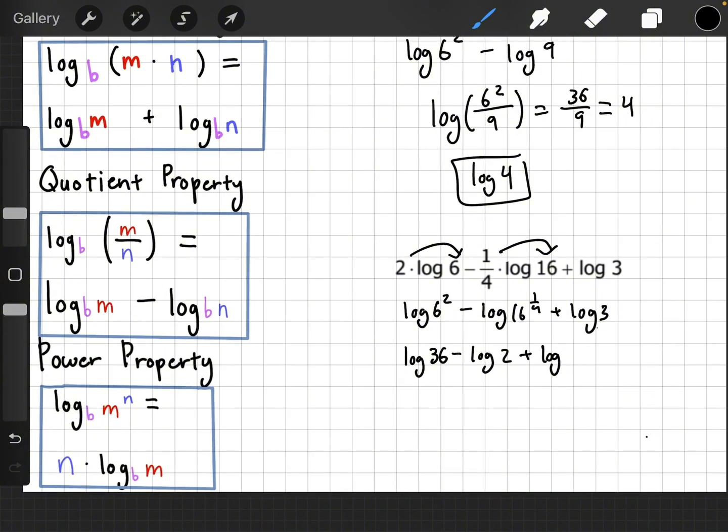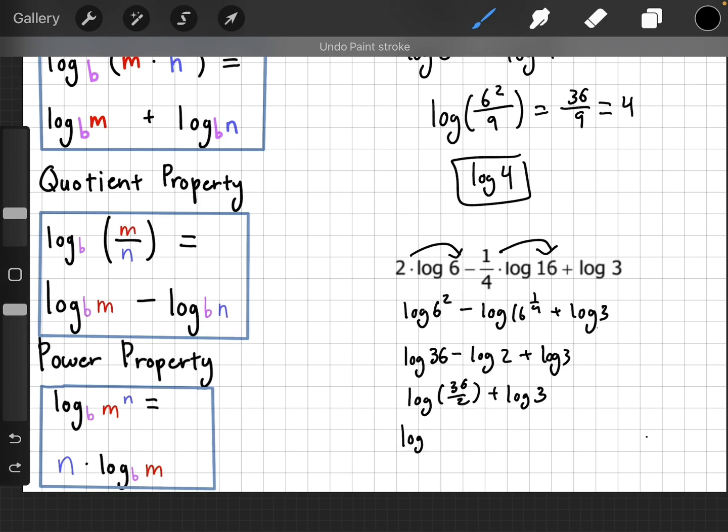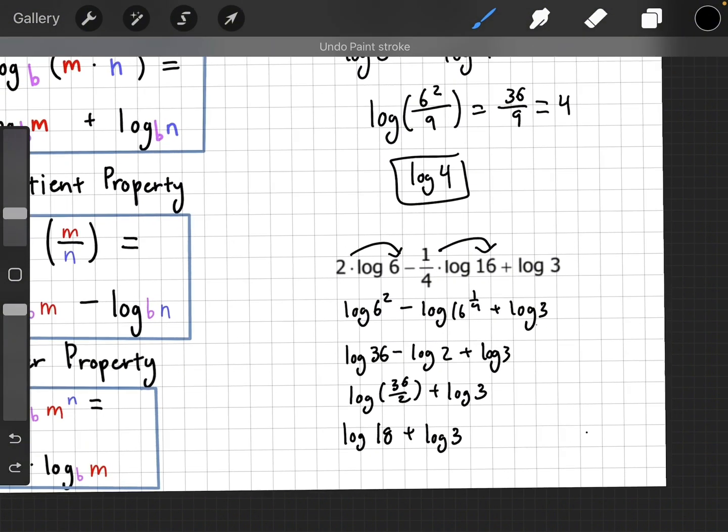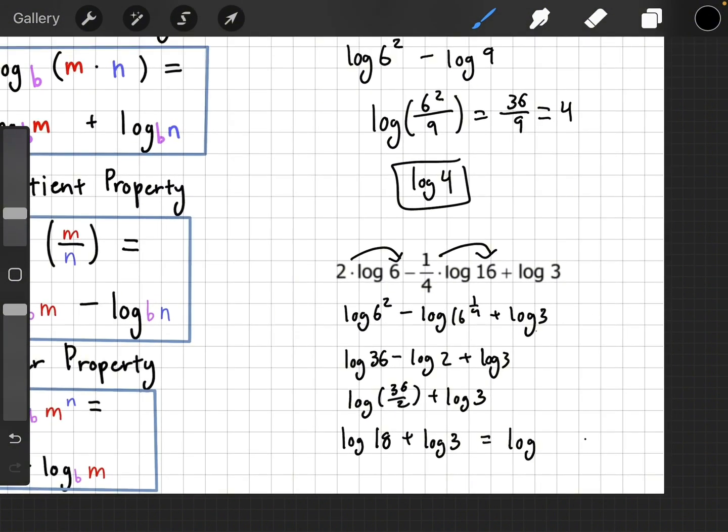We can use the quotient property to transform this into log 36 over 2 plus log 3. Now we have log 18 plus log 3. We can use the product property to change this to log 18 times 3. 18 times 3 is 54, so our final answer is log 54.